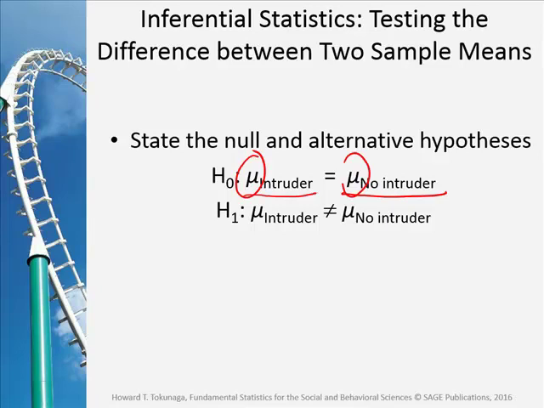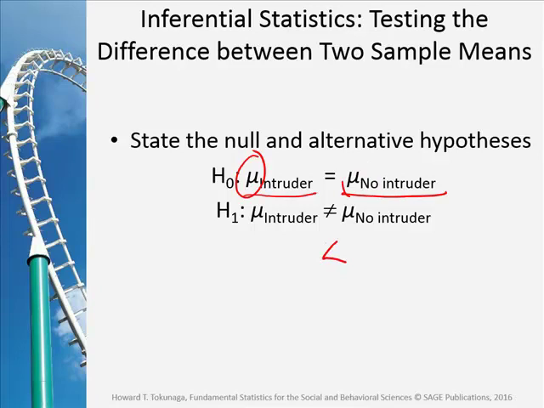The alternative hypothesis, this is an easy one. There's a difference. They're not equal. If we wanted to go directional, and we have a specific theory of human behavior that we're trying to test, we could.